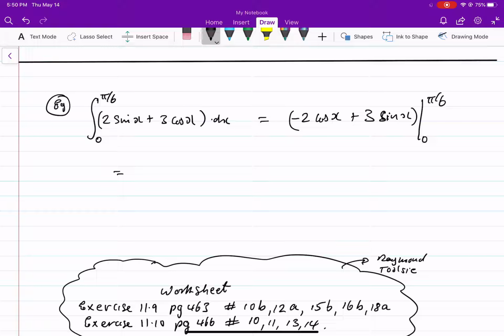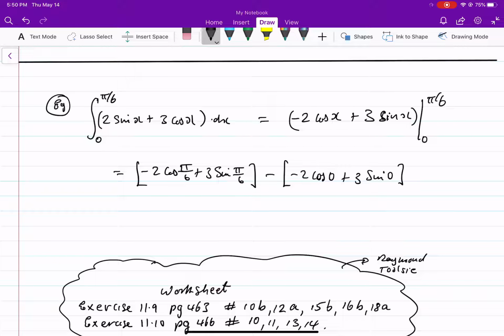Plug in the upper limit first. Minus 2 cos of pi upon 6 plus 3 sine of pi upon 6. That's what I get when I plug in the upper limit. Plugging in the lower limit, I get minus 2 cos of 0 plus 3 sine of 0.